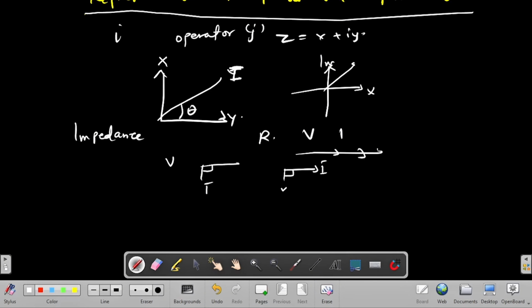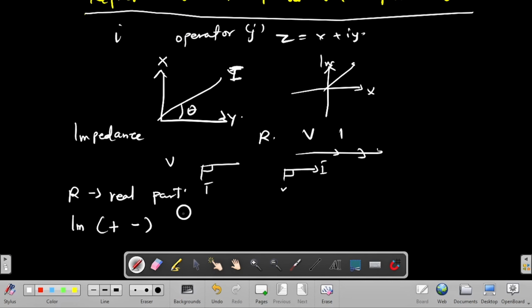Now, because of that, we can assign the real part of the complex number to a resistor. Then the imaginary parts will go for the reactances. We can have a positive imaginary part and a negative imaginary part.